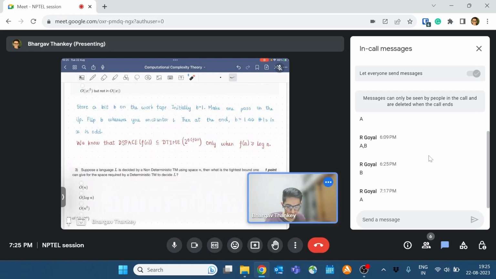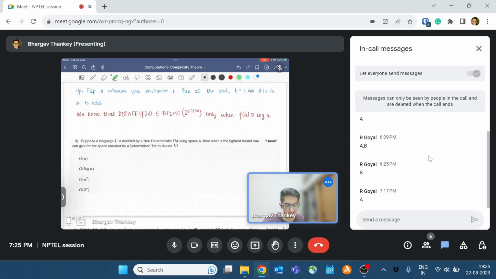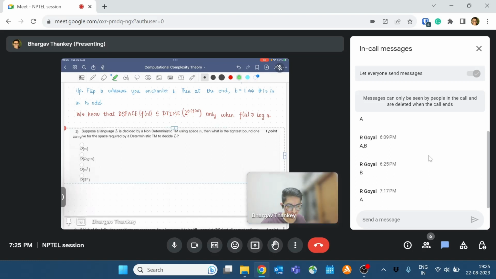Okay, so the next problem is: suppose the language N is decided by a non-deterministic Turing machine using space n, then what is the tightest bound one can get on the space required by a deterministic Turing machine to decide N? The option is a direct result of Savitch's theorem, order of n square.